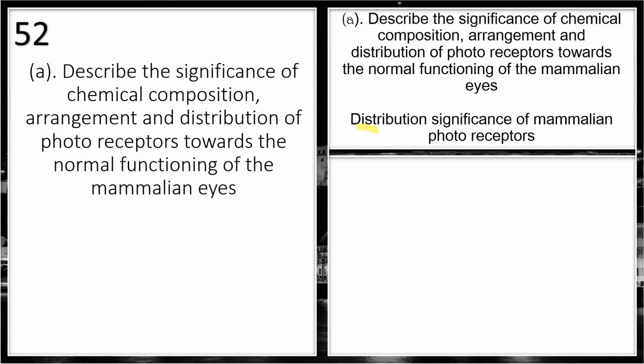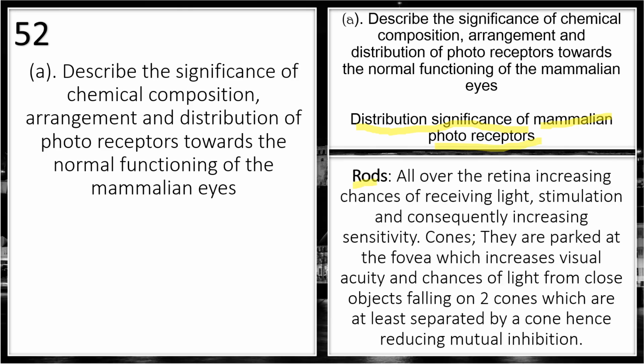Let's look at the distribution significance of the mammalian photoreceptors. The rods are all over the retina, increasing the chances of receiving light stimulation and consequently increasing sensitivity.